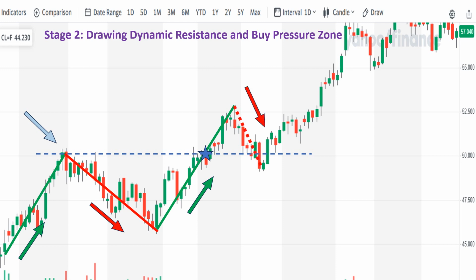Next, we look for a higher swing low within this trending market. This low indicates a temporary drop toward the area that was once a resistance but has now turned into support.